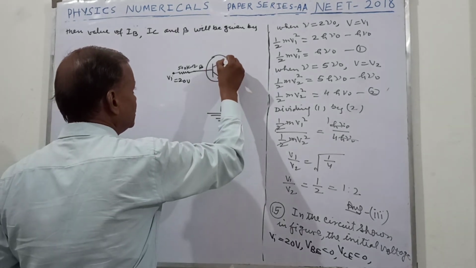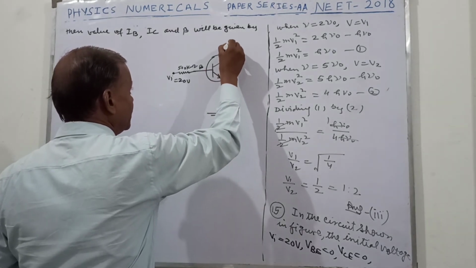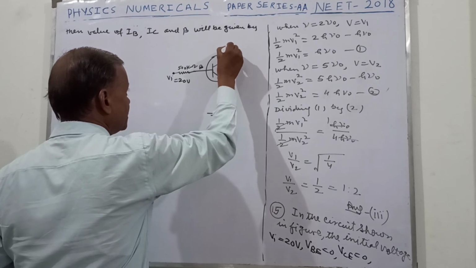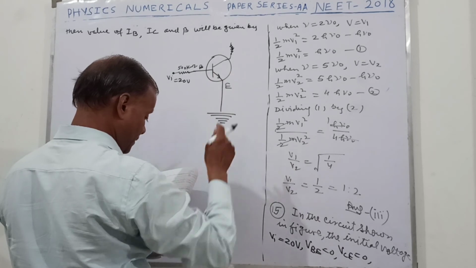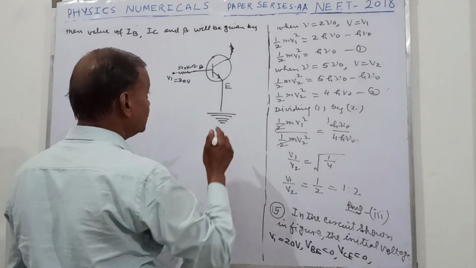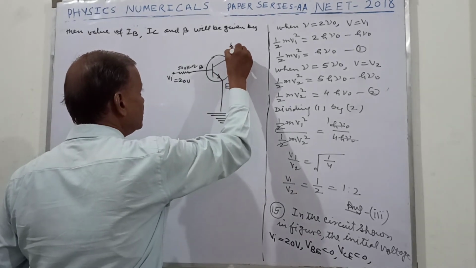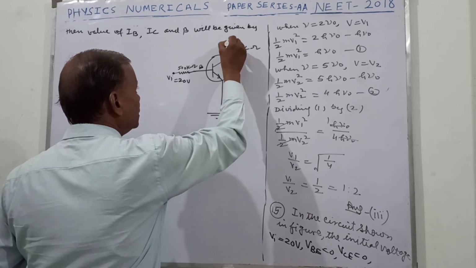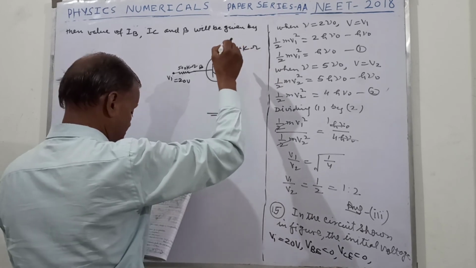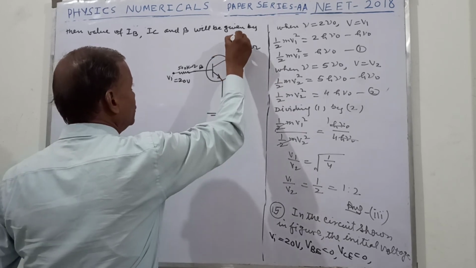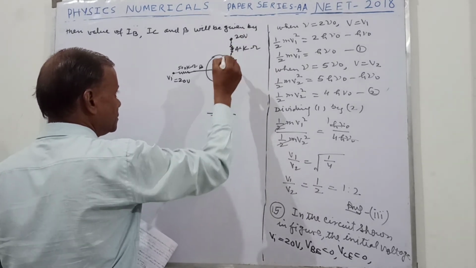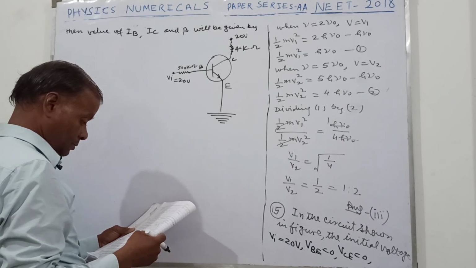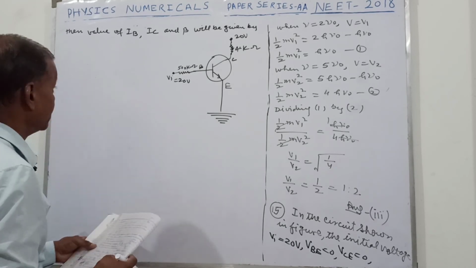And then we are having this resistance. This is now 4 kilo ohm, and this is 20 volt. This is your C. So like this we are given.